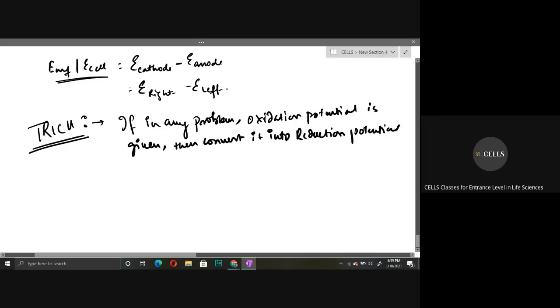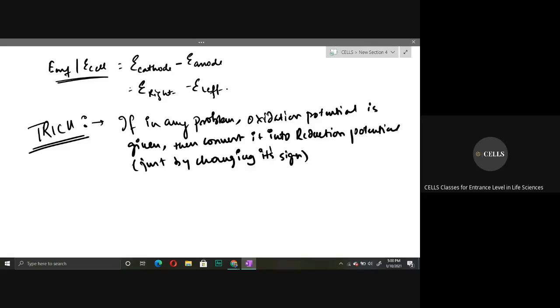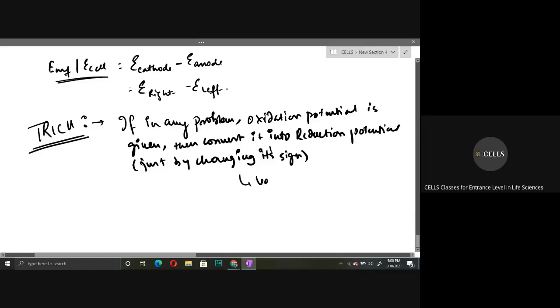Just by changing its sign, the value will remain the same, because the value of oxidation and reduction potential of a particular electrode are always the same but opposite in sign.